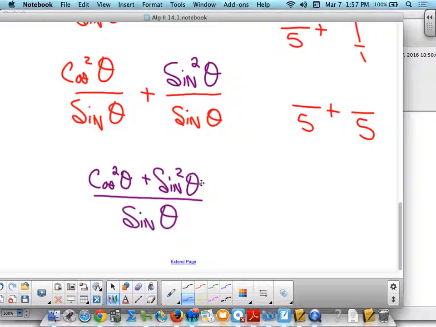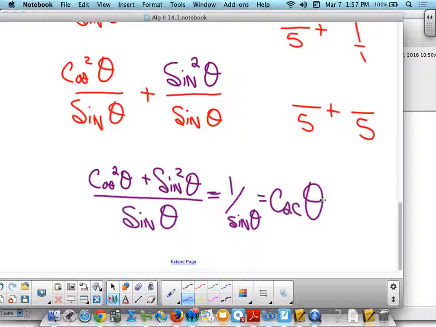But do you recognize the top as one of the Pythagoreans? Yeah, it's just 1. Sine squared plus cosine squared is just 1, over sine. We could clean that up a bit, make it cosecant if you wanted. There's no square now, because this just makes 1 on top. So there it is. It's cosecant.